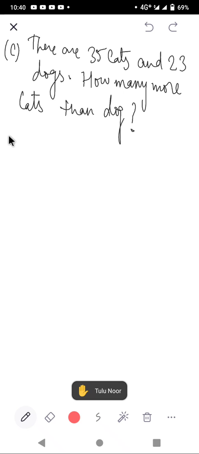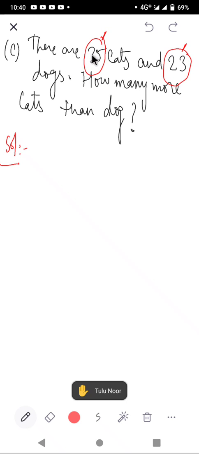Let's see the solution of this. Total cats are 35, and 23 dogs. So how many more cats than dogs? Students, 35 is greater than 23. It means the cats are more than the dogs, but we need to tell how many more cats there are.